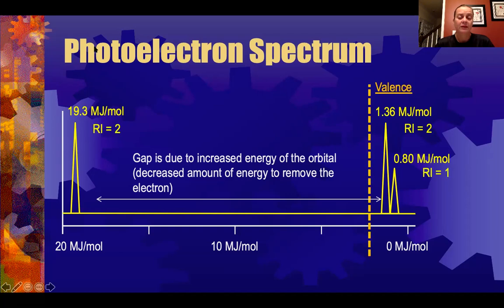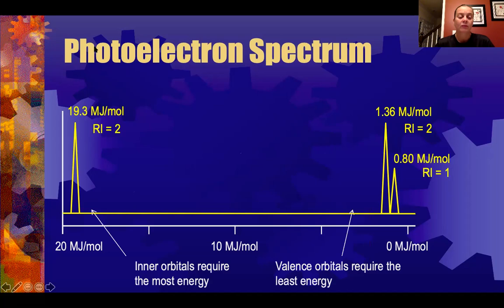And we can see there are these ones that are less strongly held, which are probably our valence electrons. Well, certainly our valence electrons. Inner orbitals require more energy to remove because they're closer to the nucleus, and the valence orbitals require less energy to remove.